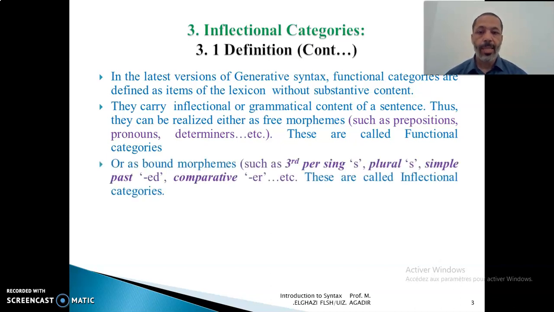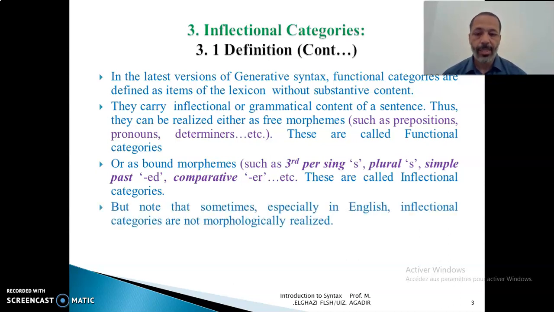Or sometimes these functional categories can be realized as bound morphemes. In this case, they are called inflectional categories, such as the third person singular S, the plural S, the simple past ed, the comparative er, the superlative est, and so on. These are called inflectional categories.